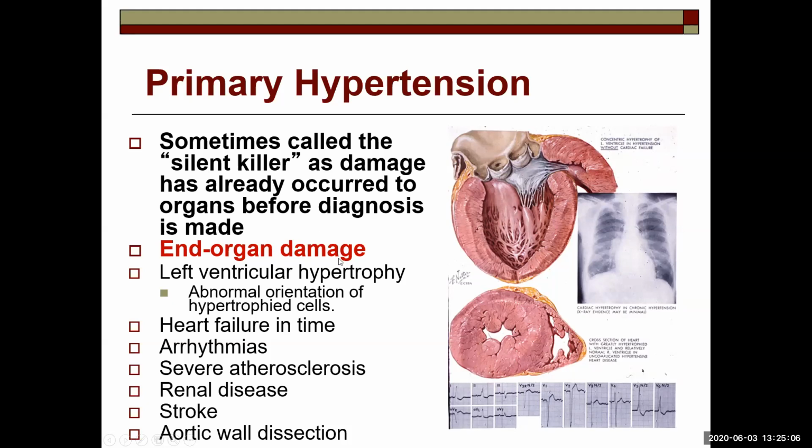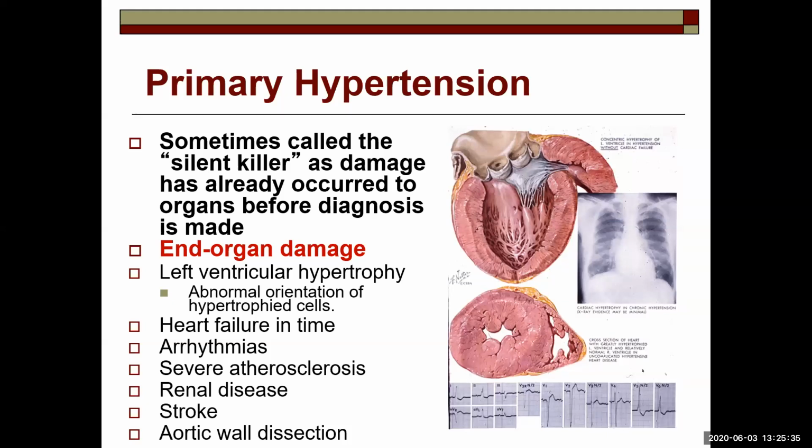It can lead to end organ damage. If it's not treatable, or not controllable by medications, it can ruin your kidneys, your heart, and a bunch of different organs also. You can end up having left ventricular hypertrophy. We talked about different types of hypertrophies of the ventricles.